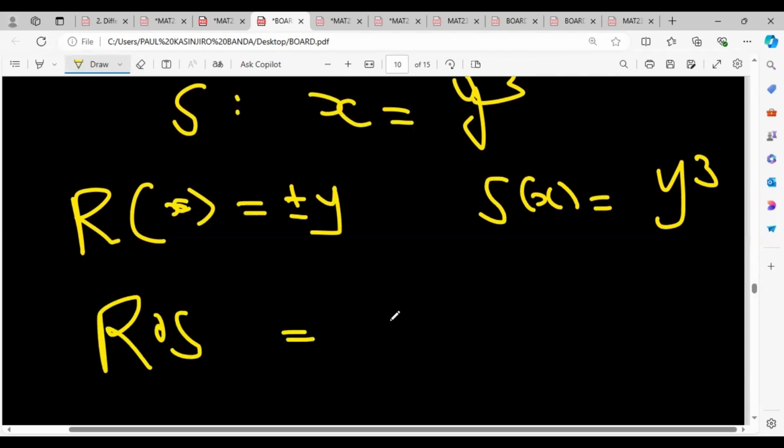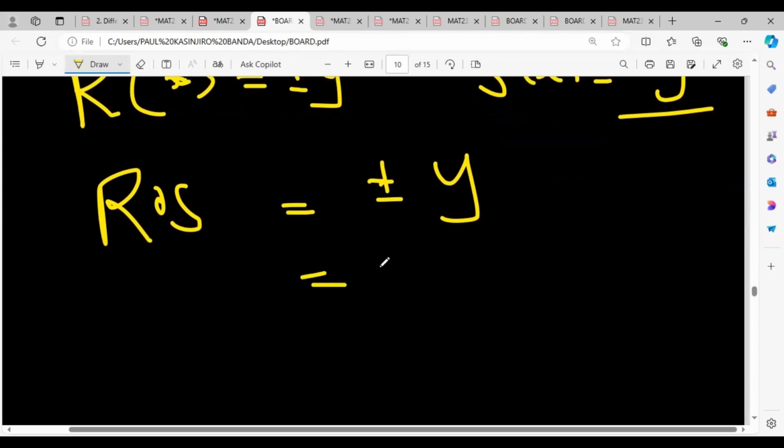Okay, and then I want to find the relation R of S, meaning that I can write plus or minus. So this is the relation for R. And in this R, I'm going to substitute this Y here with the relation for the S. So wherever there's Y, we just have to put Y cubed.